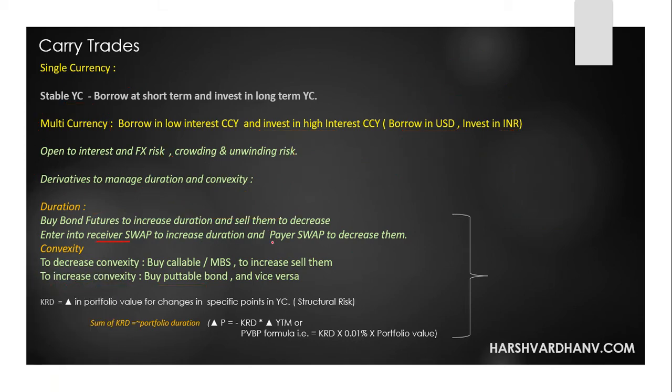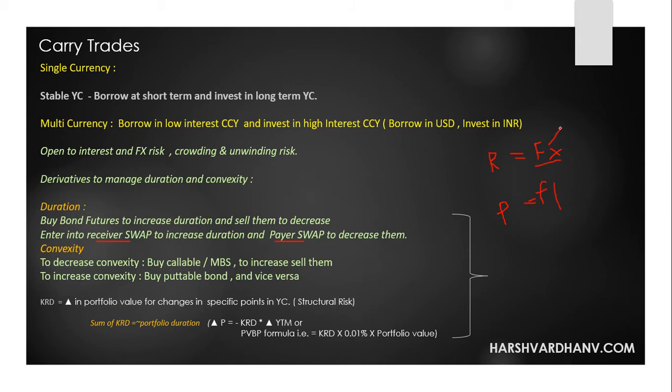And in terms of OTC swaps, to increase the duration, you enter into a receiver swap, and to decrease, you enter into a payer swap. Why? A swap has two legs. One is a receiver leg, one is a pay leg, and the receiver leg can be fixed or floating. So let's take a fixed leg, and the paying leg will be floating.